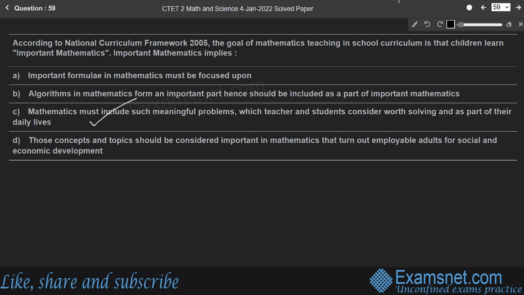Here, National Curriculum Framework provides the framework for making syllabus, textbooks, and teaching practices within the school education program in India.